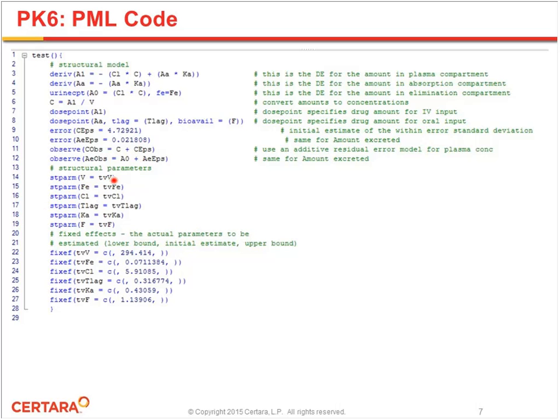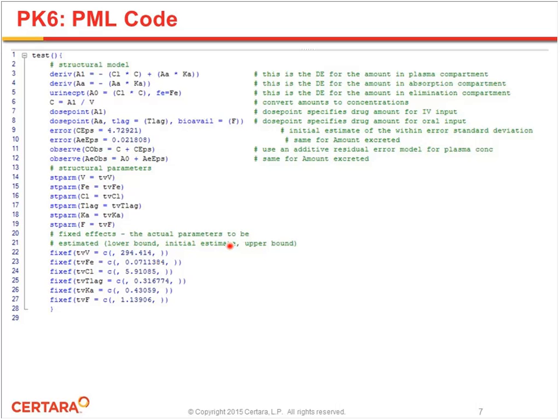Typically, you have in a population model next to the fixed effect, which is denoted as typical value, TV, volume, for example, you have some random effects, but since we only have 1 subject, no population data, we don't go this road, so we are just having the fixed effects for each structural parameter, like volume, fraction excreted, clearance, and so forth.